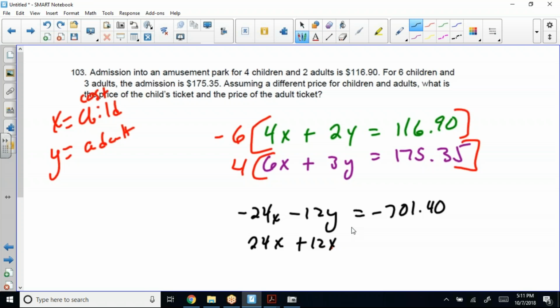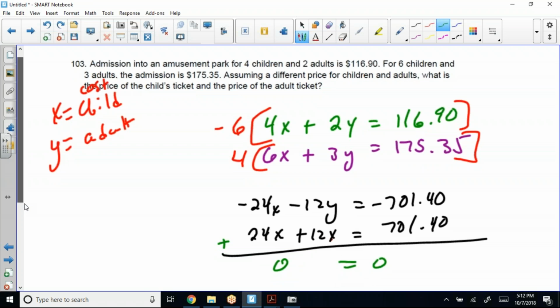Plus 12x... equals, 175.35 times 4, which is 701.40. If we add that together, that's what we get.